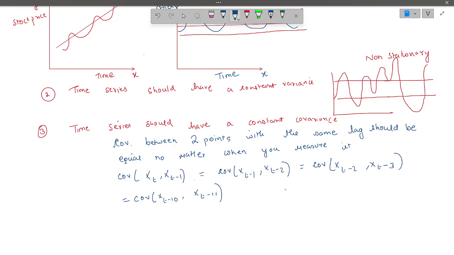Why? Because they all have the same lag of 1, right? So basically what is covariance? Covariance is basically how two points behave with one another. So how xt behaves with xt minus 1 should equal how xt minus 1 behaves with xt minus 2, because they have the same lag, right?